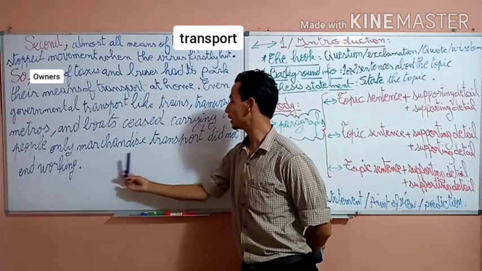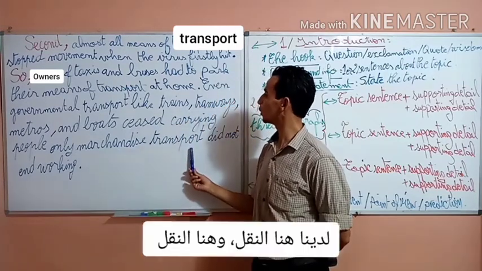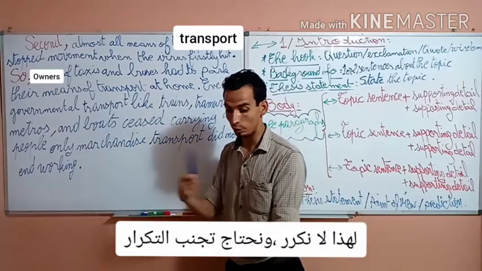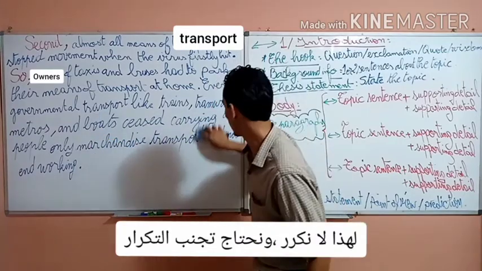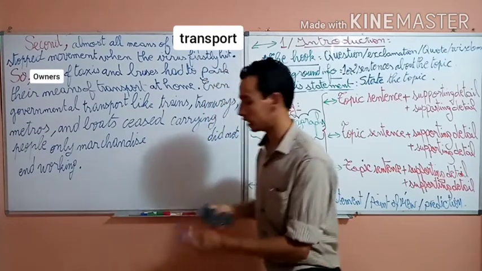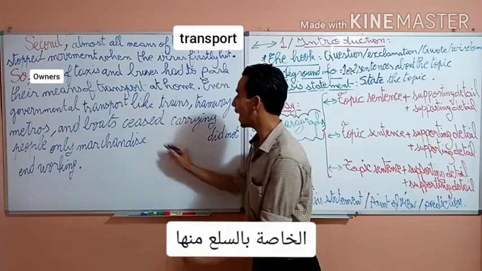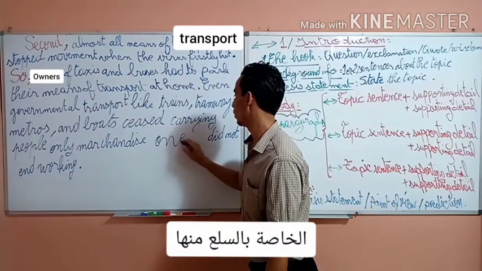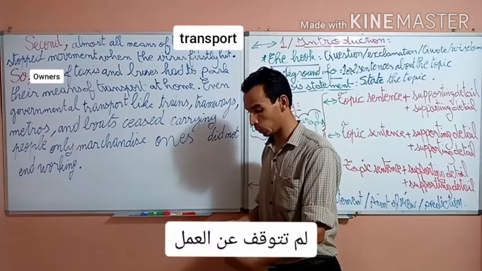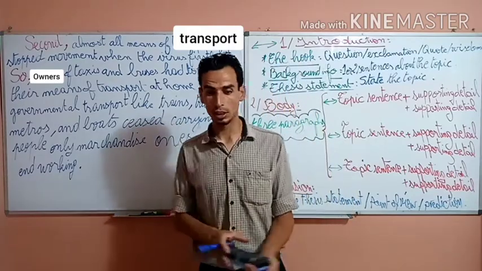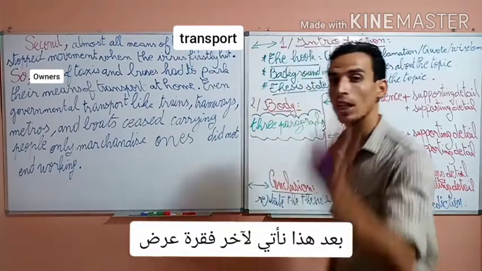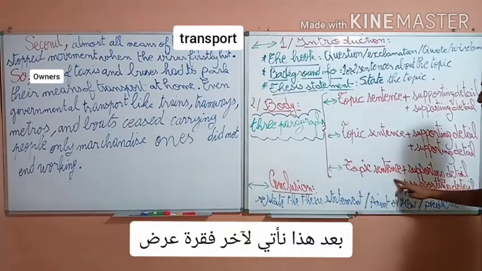Only merchandise transport. So here we have transport, and here transport, so we don't repeat, we need to avoid repetition. So we say "merchandise" once, "did not end working" once. Very good. After this, we come now to the last body paragraph.